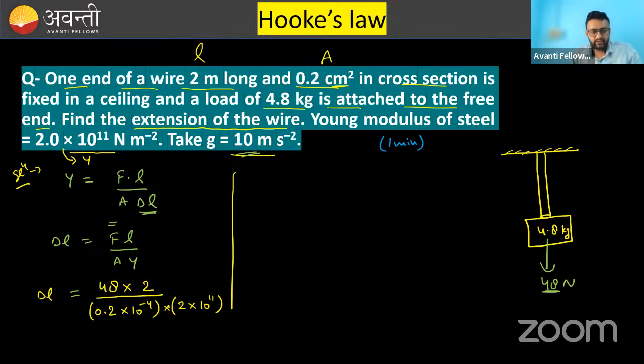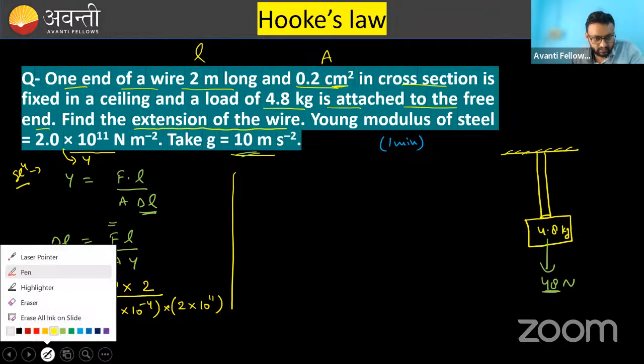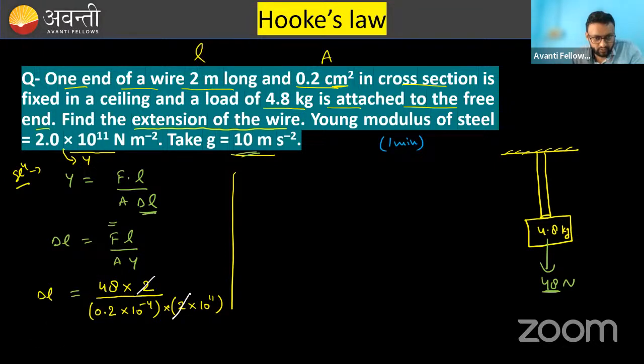If I solve it, can you see that this 2 will get cancelled out? And this 2, there will be a 0. It will be 240.